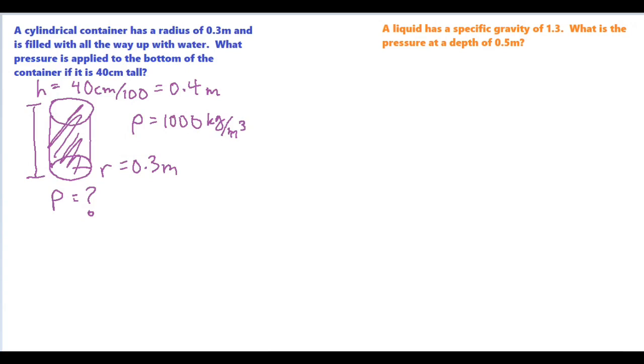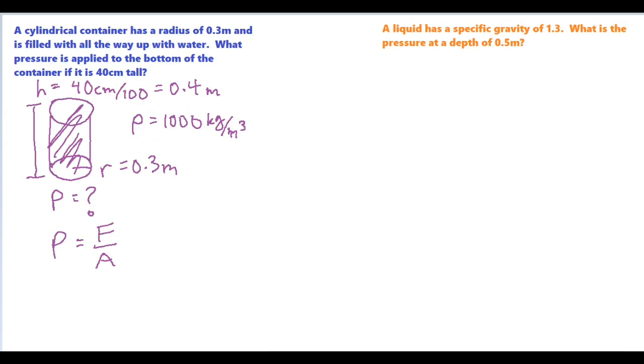I think that pretty much covers our known variables. Now, if we're looking for the pressure, there are different ways to find pressure, but one of the main formulas that you would utilize is pressure equals force divided by the area. That looks like one that we're definitely going to start off with.